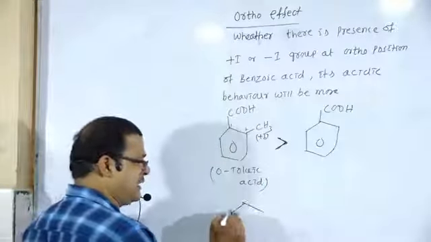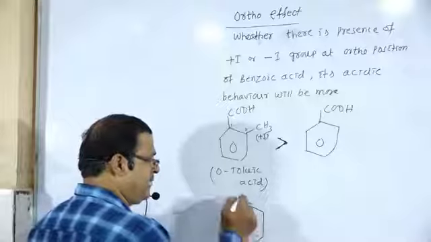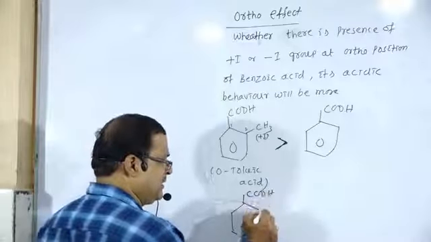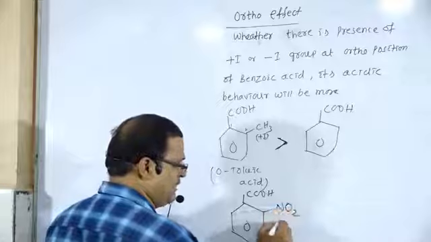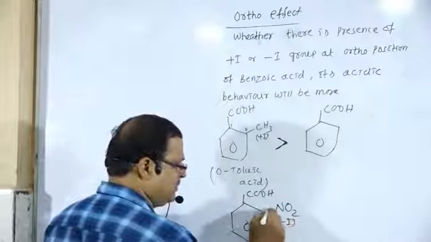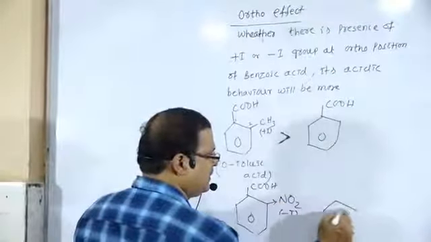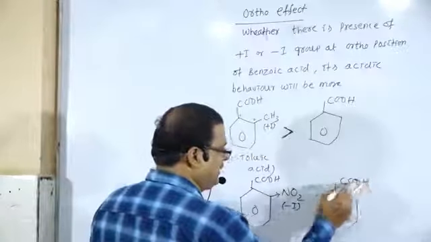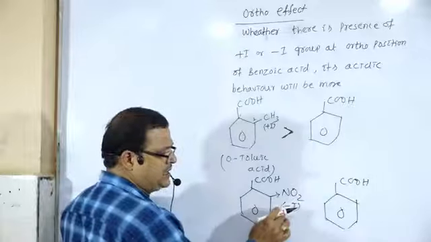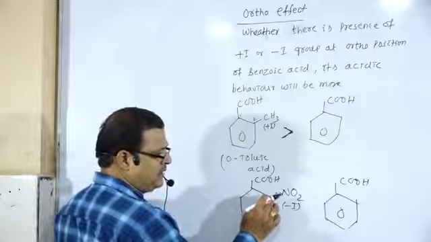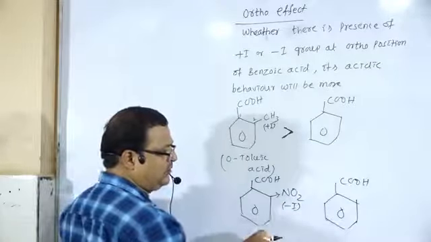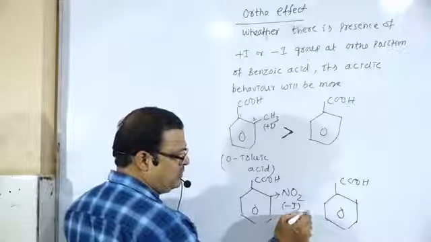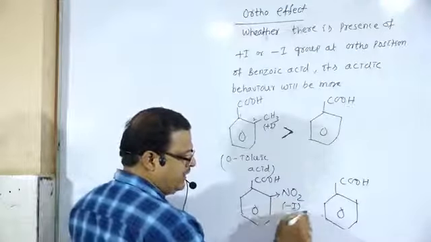Whether there is the presence of a plus I group, or we can take a minus I group, that is NO2, an electron withdrawing group, along with COOH. We know that the presence of a minus I group will increase the acidic behavior, whether it is present at the ortho, meta or para position. So the presence of the NO2 group will increase the acidic behavior.